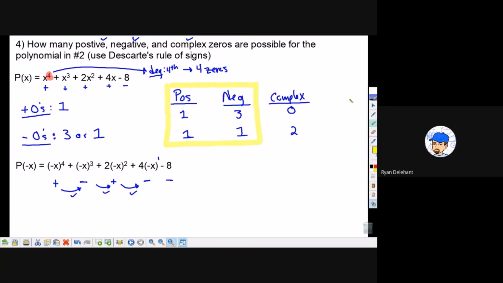That's actually counting how many times I should see the graph cross the x-axis. When we went and graphed this one, what we saw is that it crossed 1 on either side. And that's how we knew that it had to have 2 complex zeros because there were 2 left over somewhere. If I don't see them cross the x-axis in the graph, then that guarantees that they're going to be complex.